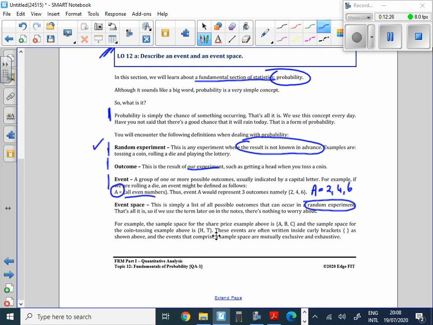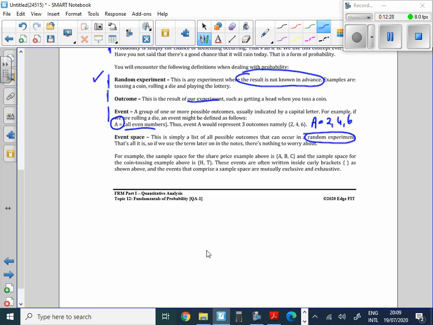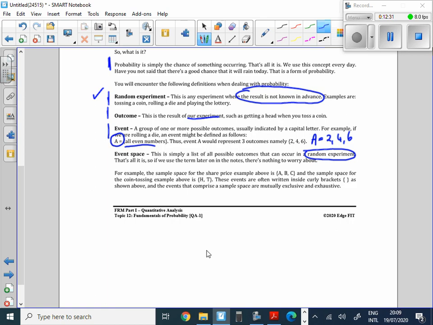Yes, it is, because before I roll the dice, unless of course you're playing with my sons, who know the outcome beforehand somehow, most people don't know the outcome beforehand when they're rolling a dice. So it's a random experiment. And let's say I define the event as all the numbers on the dice. What's my event space? It'll be a 1, a 2, a 3, a 4, 5, and a 6. It'll go from 1 through till 6.